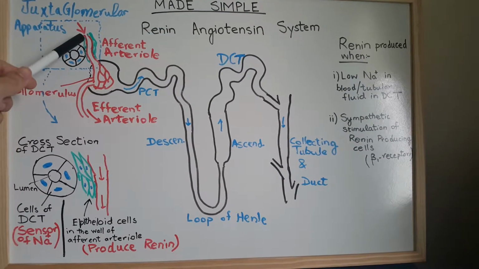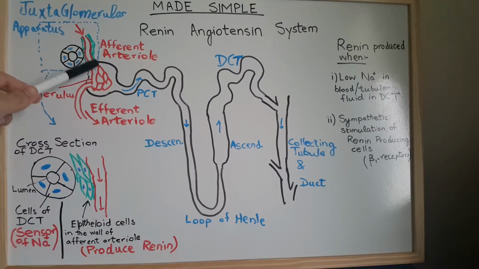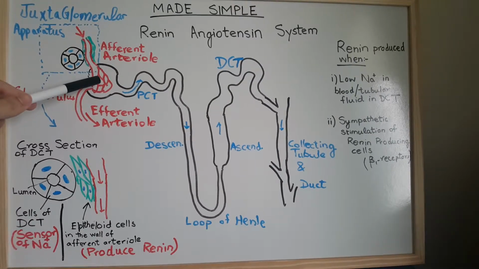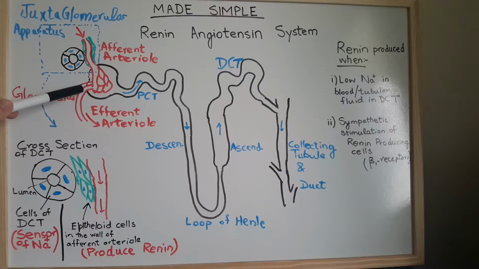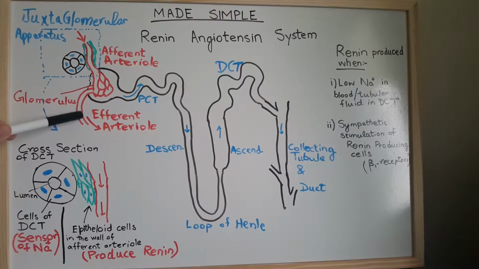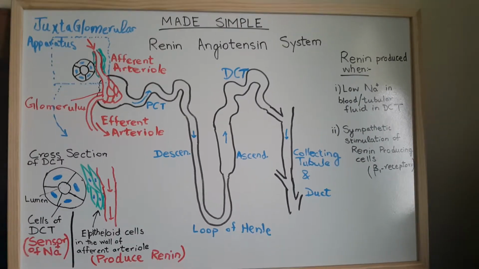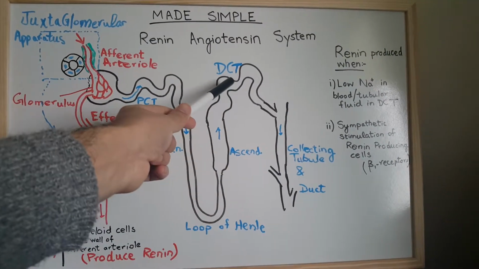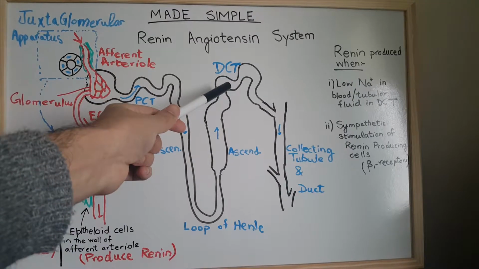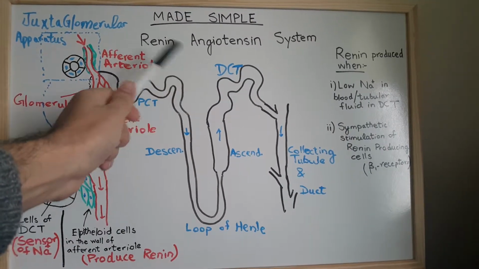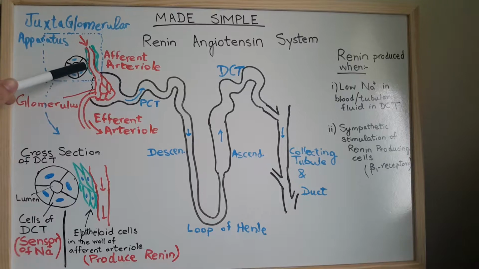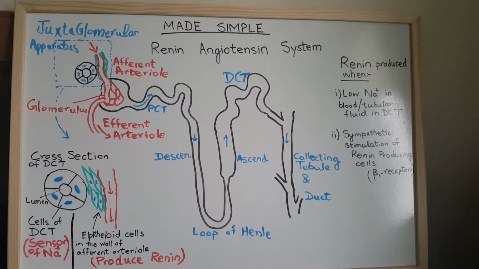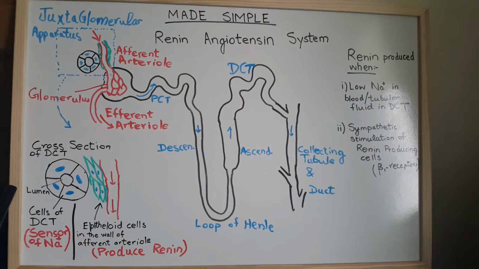The glomerulus receives blood via an arteriole called the afferent arteriole, and the blood leaves the glomerulus via an arteriole called the efferent arteriole. A part of the distal convoluted tubule comes in contact with a part of the afferent arteriole of the same or different nephrons.